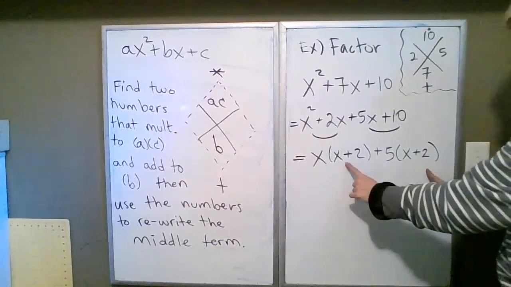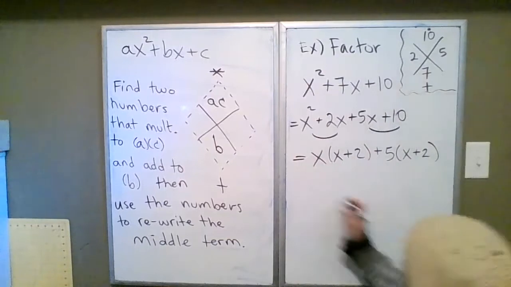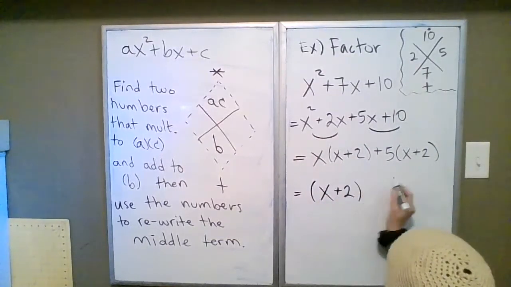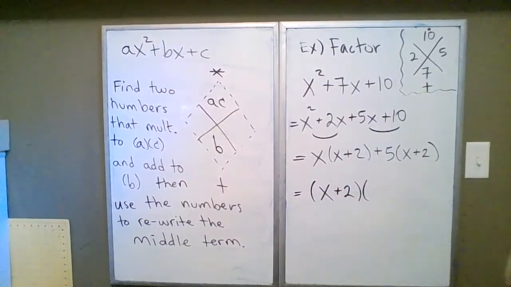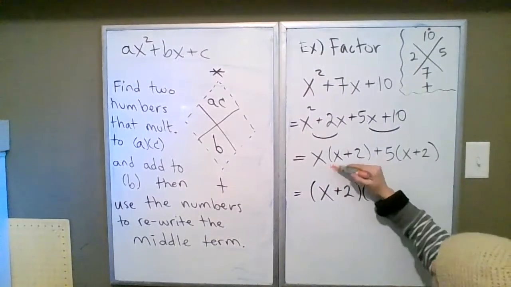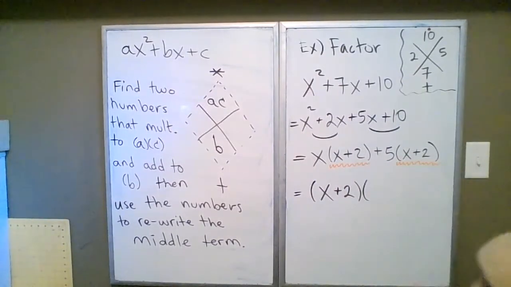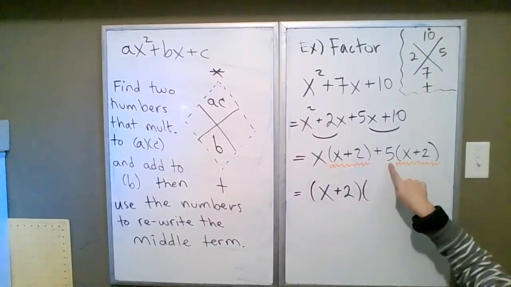They both have x plus 2 in common. So factor out x plus 2. From the first term, it would leave the x, and from the second term, it leaves the 5.